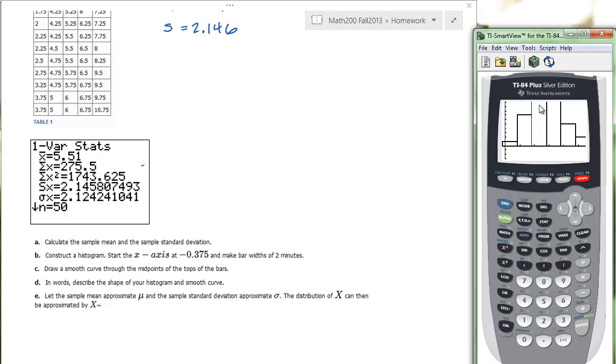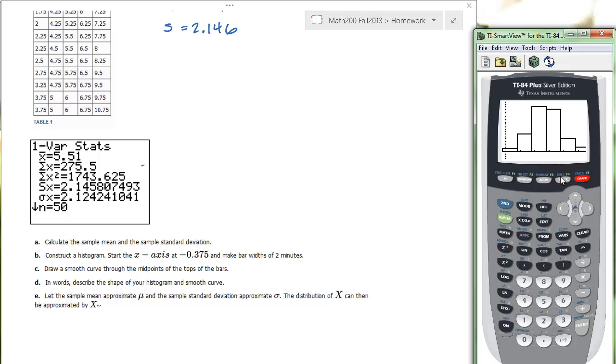Okay, so 10 didn't seem to be enough, so I think I'm going to put that a little bit higher. So let's change our window, and we're looking at y max here, and let's go 15, maybe just 20 to make sure that we catch everything. So let's hit graph.